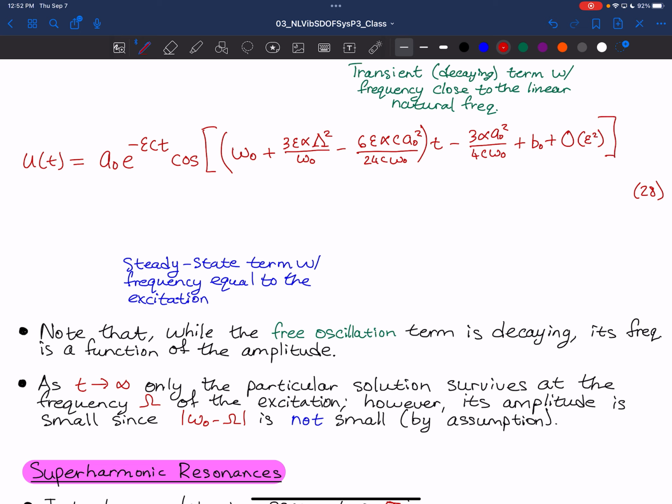That's everything inside our first cosine, plus then k divided by omega 0 squared minus capital omega squared times the cosine of capital omega t, then plus order epsilon terms.